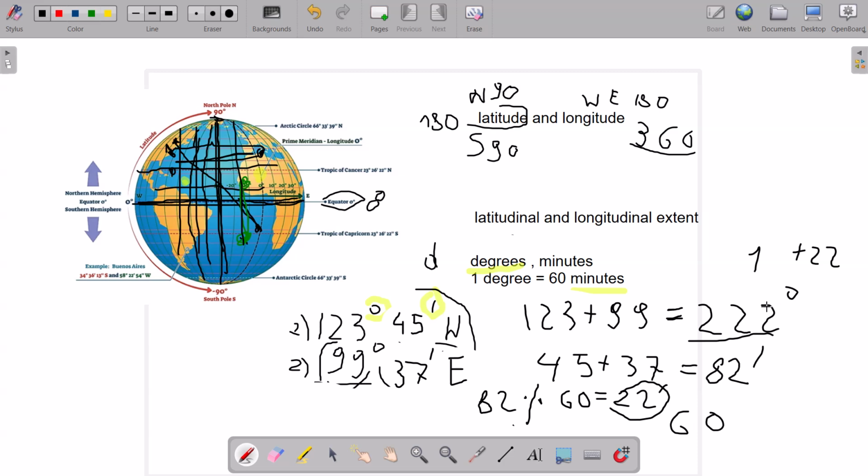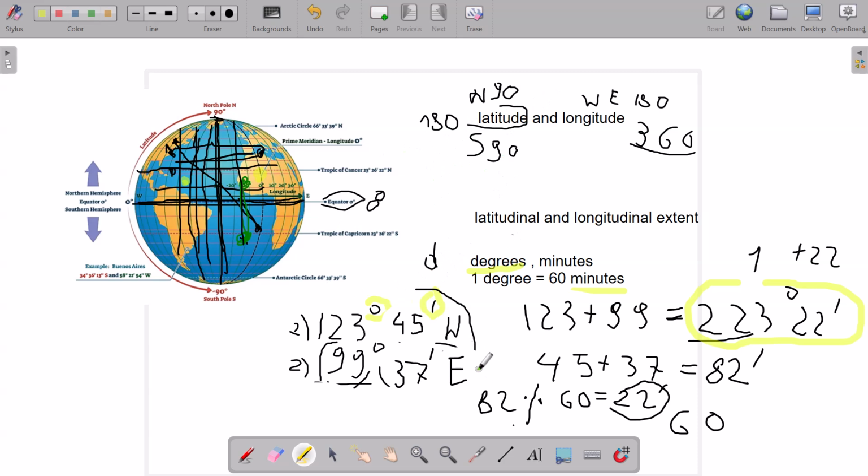So you have to add 1 extra degree. So it won't be 222, but it will be 223 degrees plus 22 minutes. And this is the correct longitudinal extent. The same applies for latitude, right?